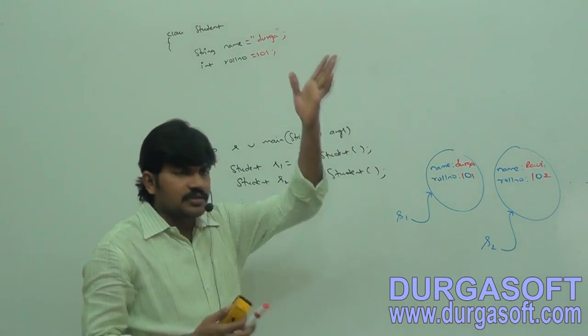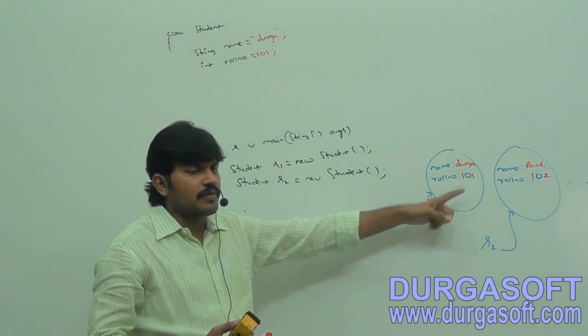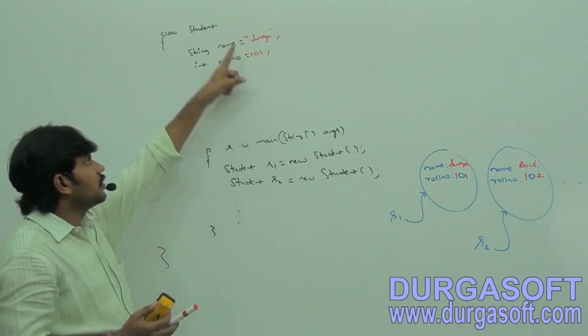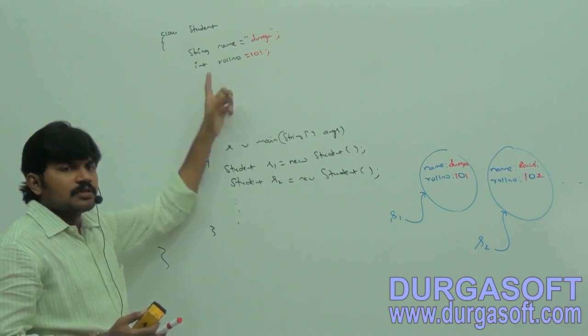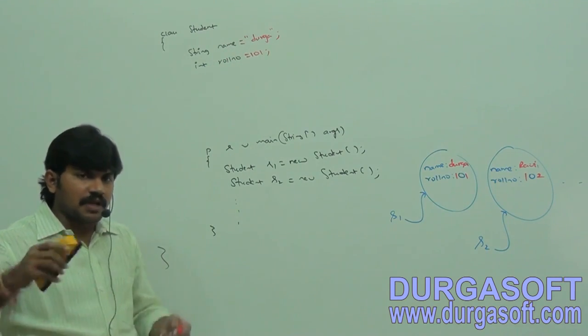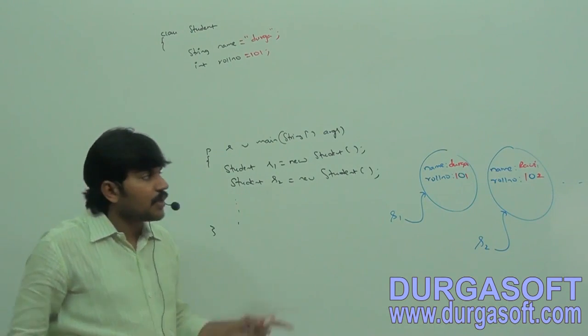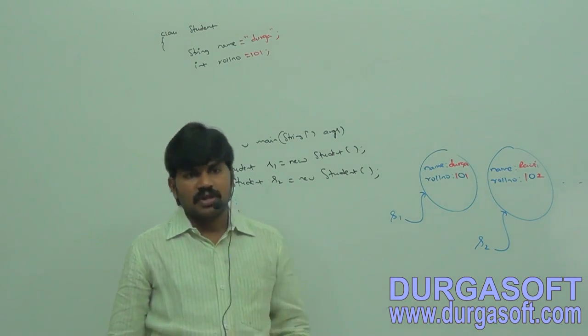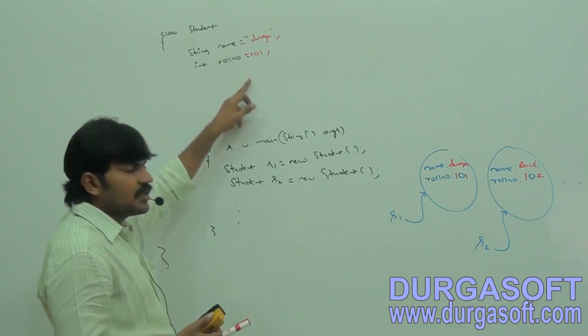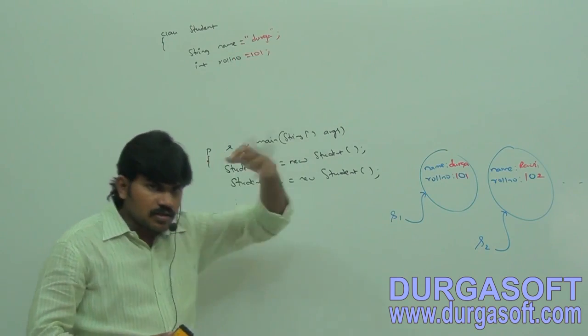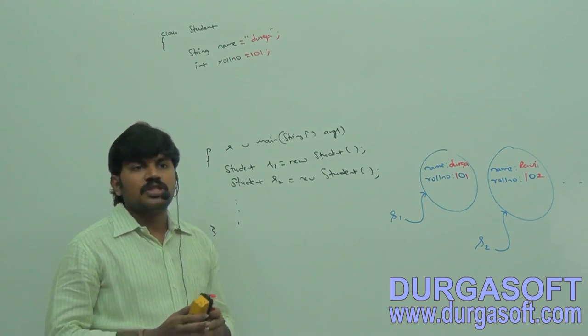For all students the same name Durga, 101, Durga, 101, Durga, 101, because for every object these variables are common. That's why, sir, all students have the same name and the same roll number, meaningless. If I do it like this, what is the problem? For all students the same name is applicable, for all students the same roll number is applicable, which is meaningless.